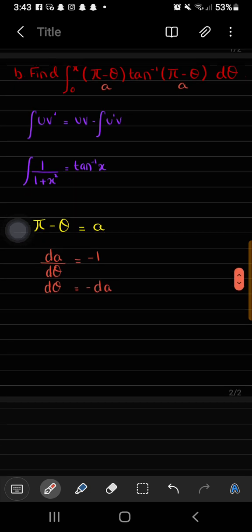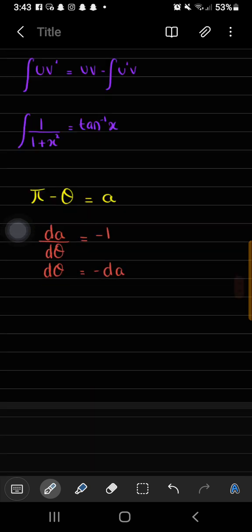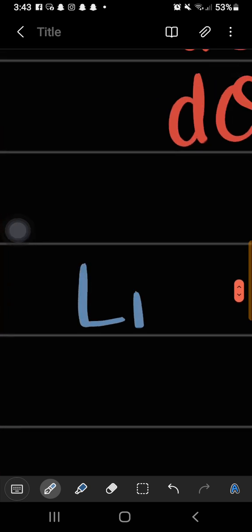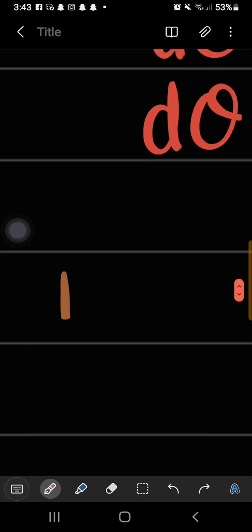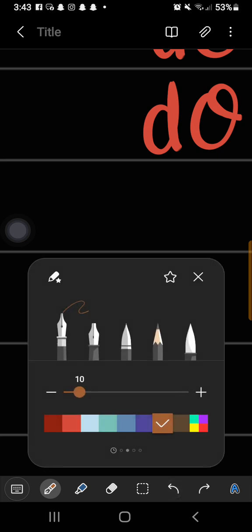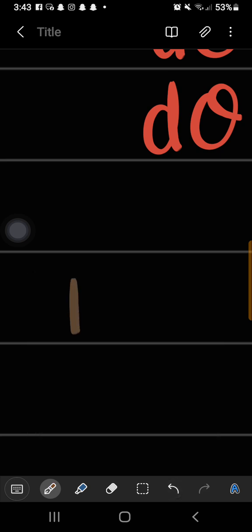Let's talk about limits. I will use this color.